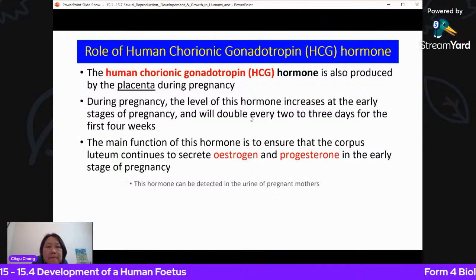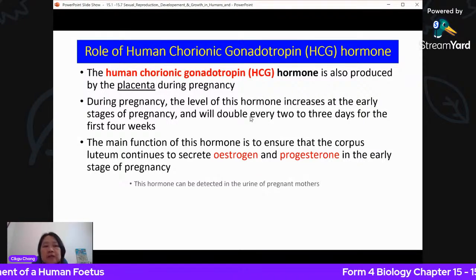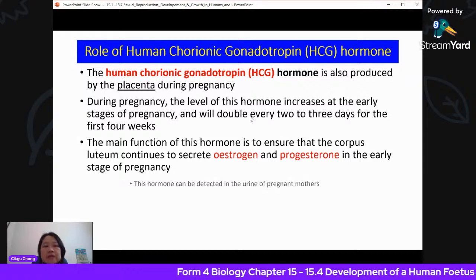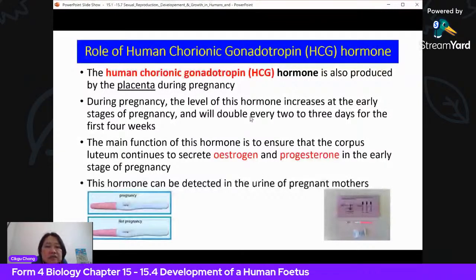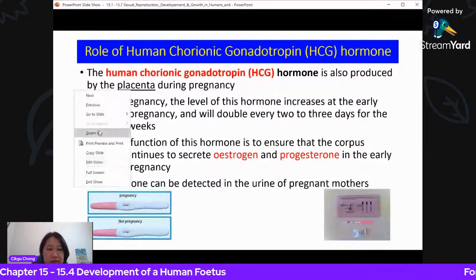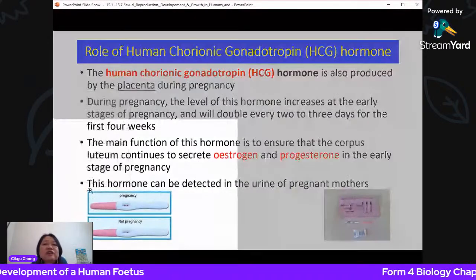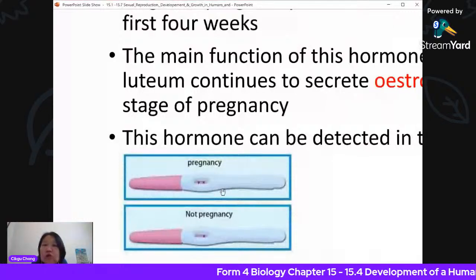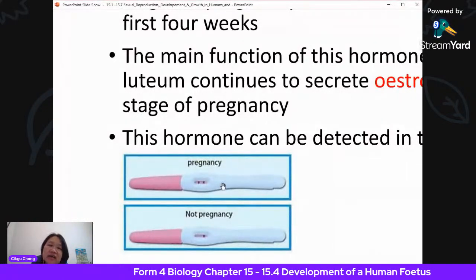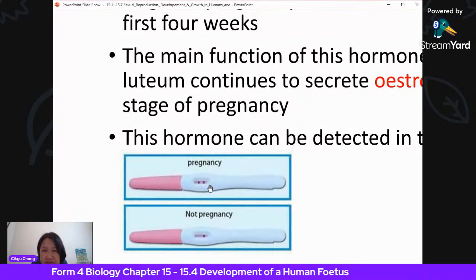So this hormone can be detected in the urine of pregnant mothers. This is the initial stage of pregnancy, when the woman does not know she's pregnant, she will buy this test kit, which you can get from pharmacies. Just like the antigen test kit you now commonly use for COVID-19, you have two lines indicating a positive test.